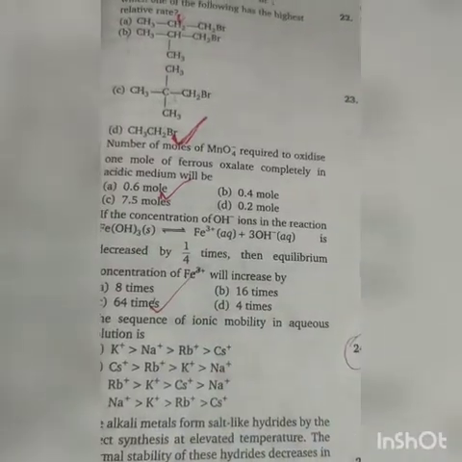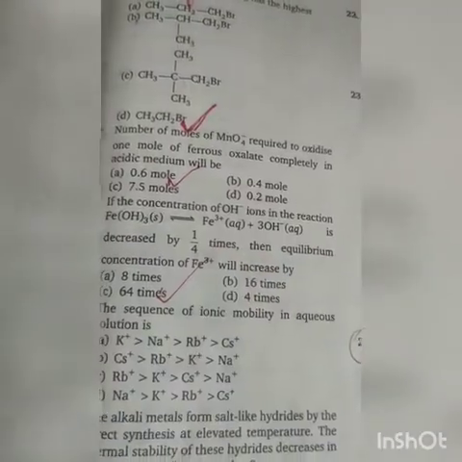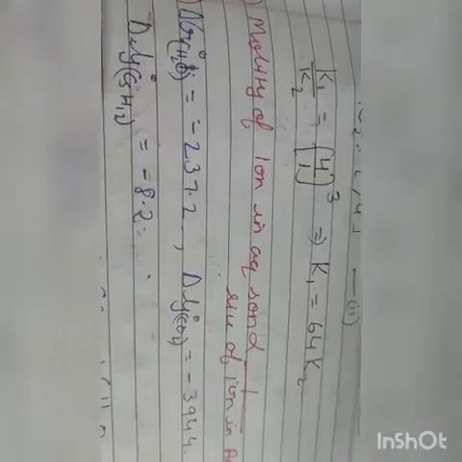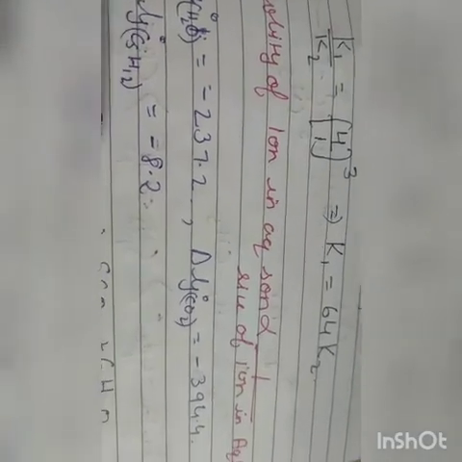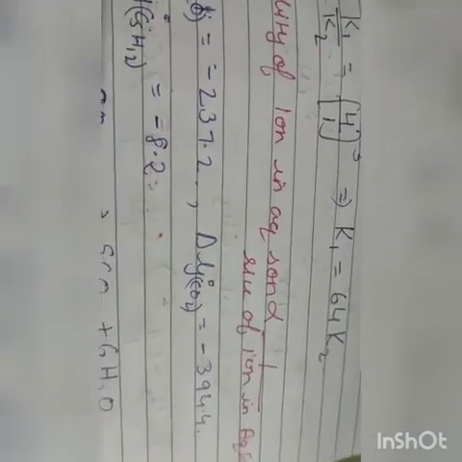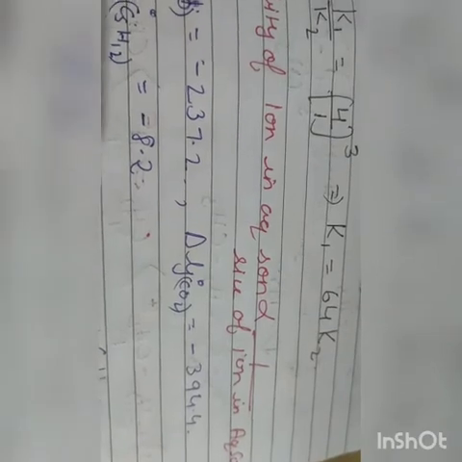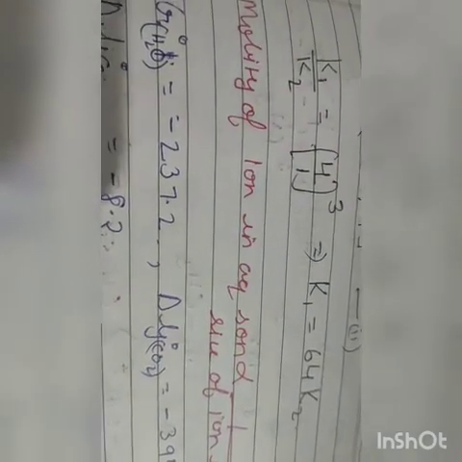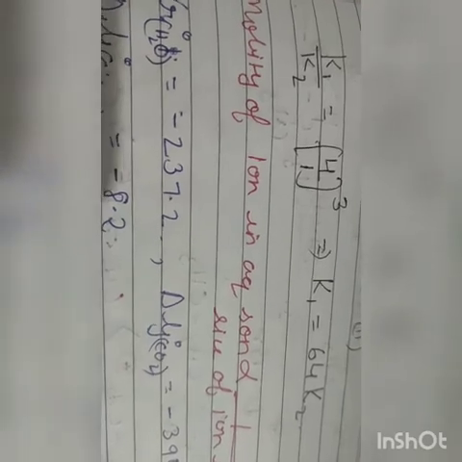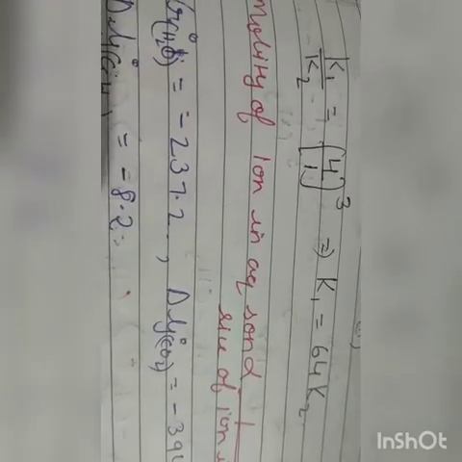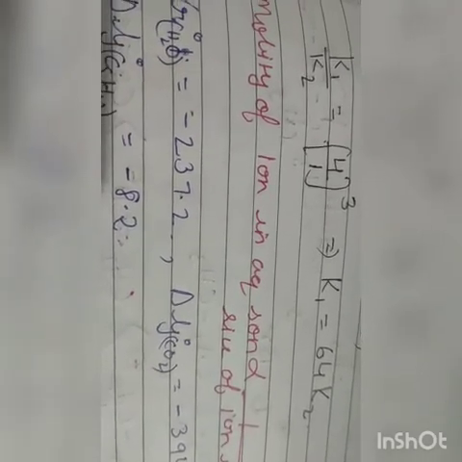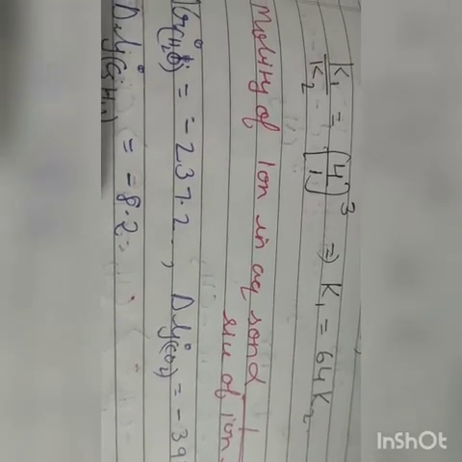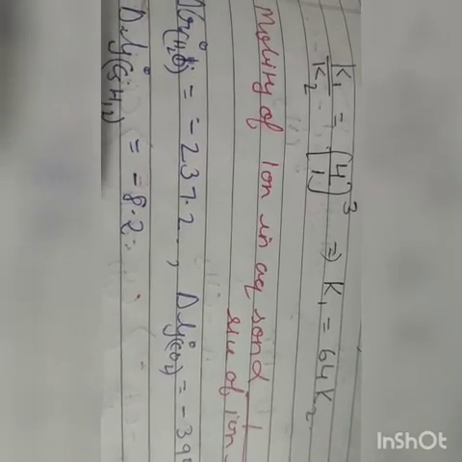Now the sequence of ionic mobility in aqueous solution is, so mobility of ion in aqueous solution is inversely proportional to the size of the ion in aqueous solution. So the size of the ion decides the mobility of the ion in an aqueous solution. The smaller the size of the ion, the greater is the degree of its hydration.